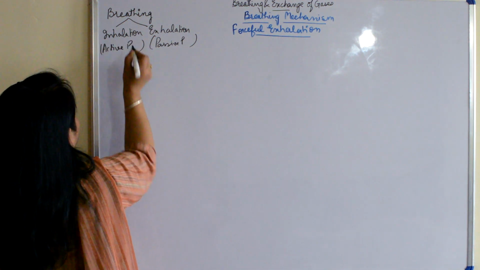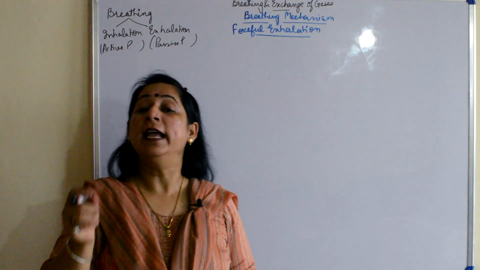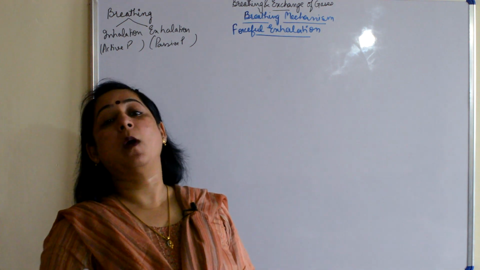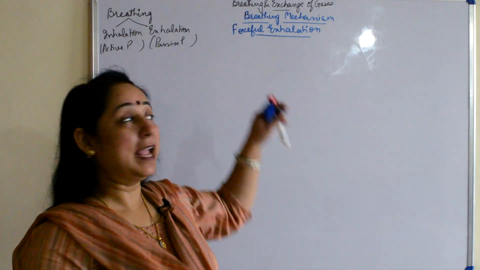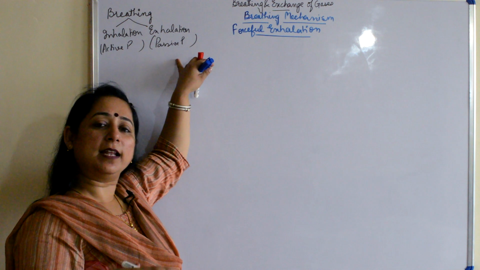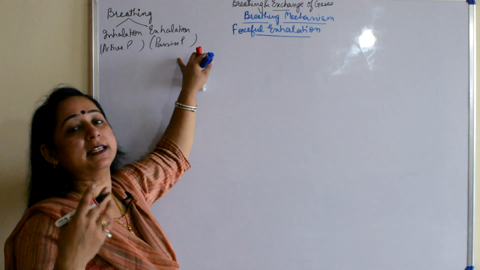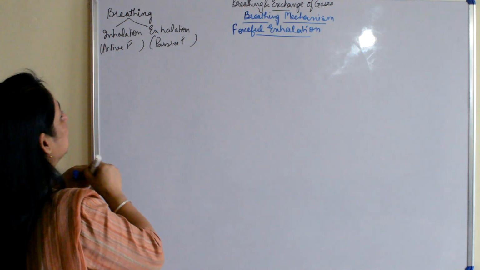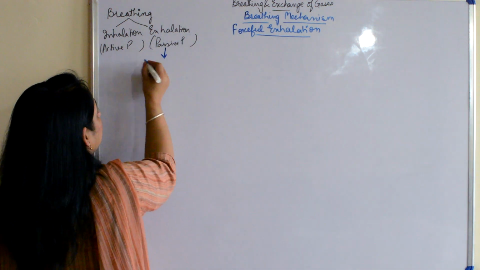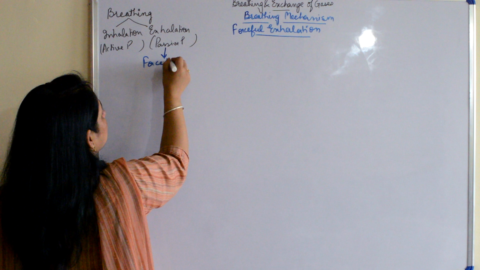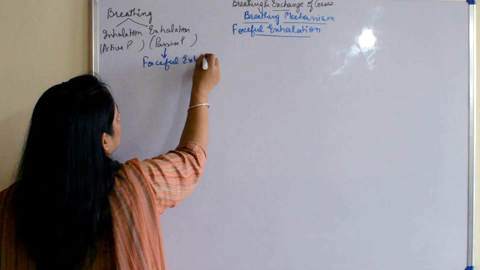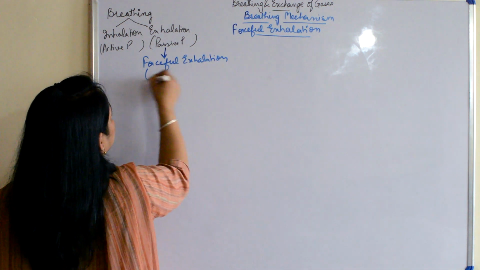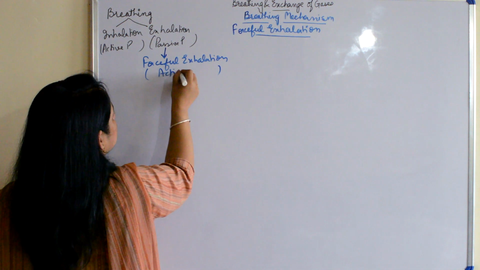I told you it's called an active process because here the muscles are required for contraction. In exhalation, muscles of course are there, but they just relax. There is no energy used up. But when we talk about forceful exhalation, it becomes an active process now.